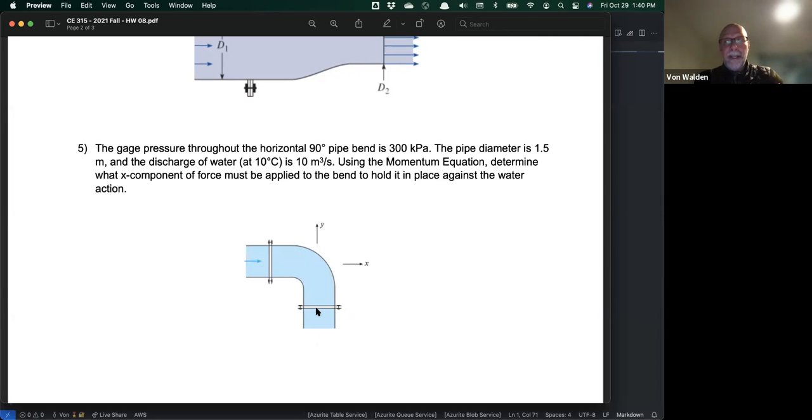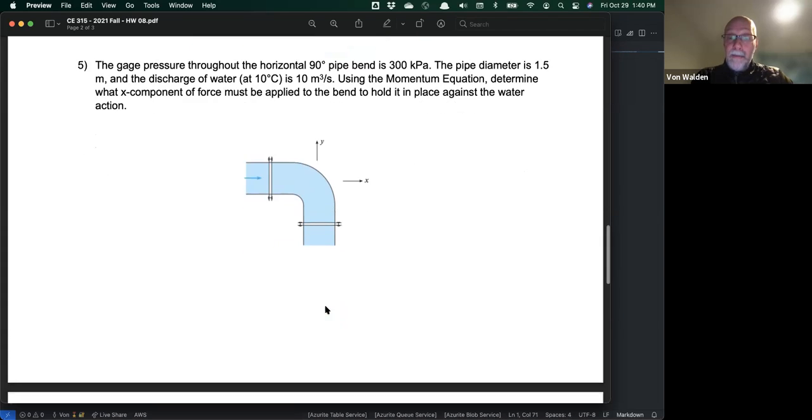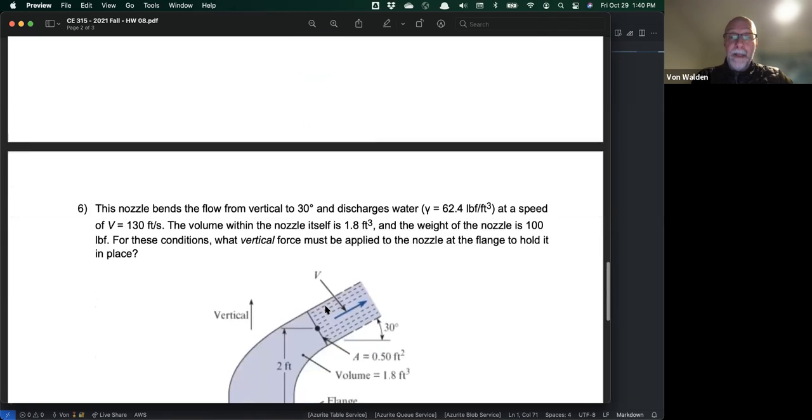That's a very difficult conceptual thing to understand, but you've got a pressure force pushing in here and another one pushing in here. P1A1 here, P2A2 from bottom up into this control volume. So be careful with these pressure forces and think about the external forces and how to apply them.